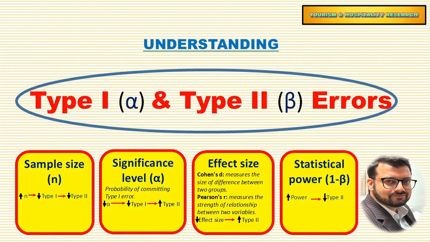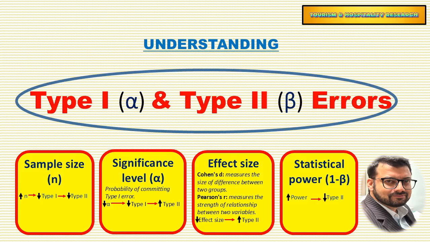Then we talk about the significance level, which is alpha. Usually in our studies, we keep it 0.05, which means that we are doing a study on 95% confidence interval. This means that 95% of the times, whatever results we are getting from the data analysis will be matching with the actual or expected results which exist in our population.